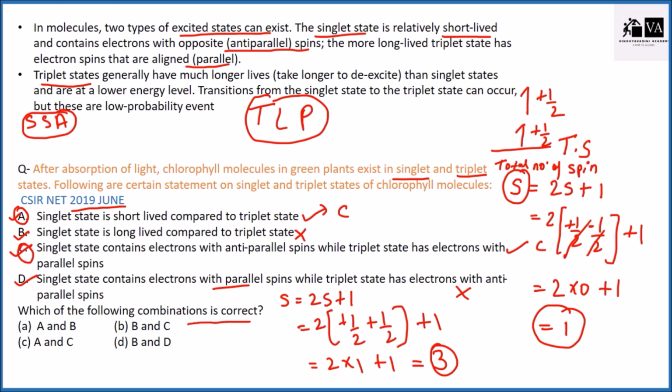We can find this combination in option C. So according to this question, option C is correct, because SSA is found in the singlet state and TLP is found in the triplet state. What is SSA? SSA is singlet state, short-lived and antipolar. And what is TLP? TLP is triplet state, long-lived and polar.